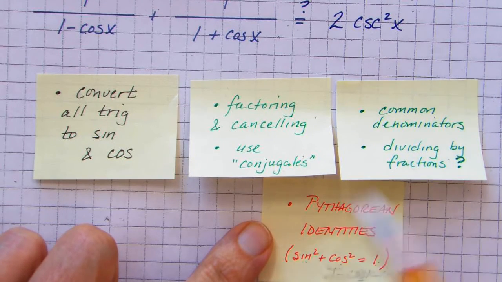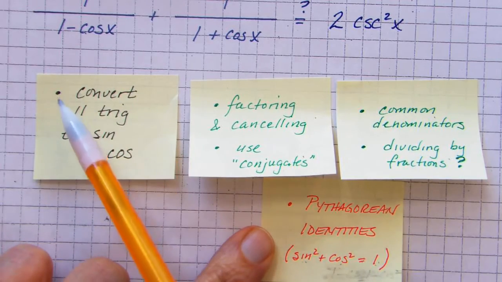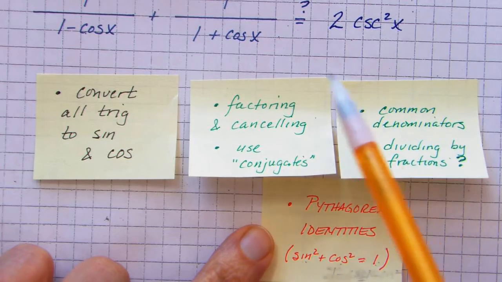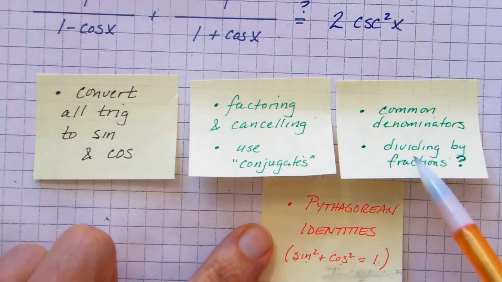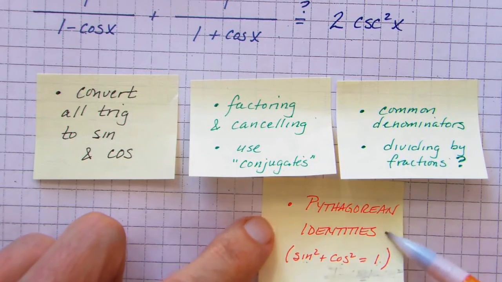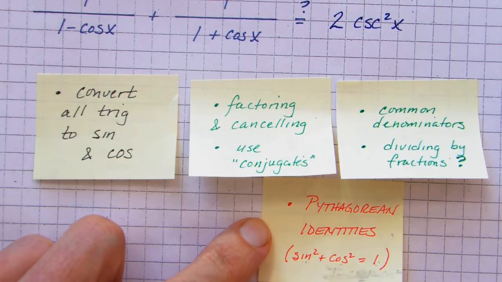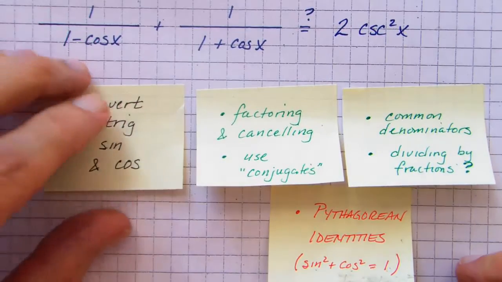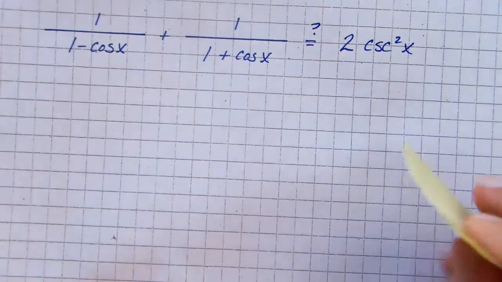So the way it flows is you start by turning everything into sines and cosines. You then start doing some algebraic hocus pocus on both sides, trying to get them the same. And at some point, the last big algebra trick might be the Pythagorean identity and doing some kind of a substitution right there. So let me pull all these things aside.